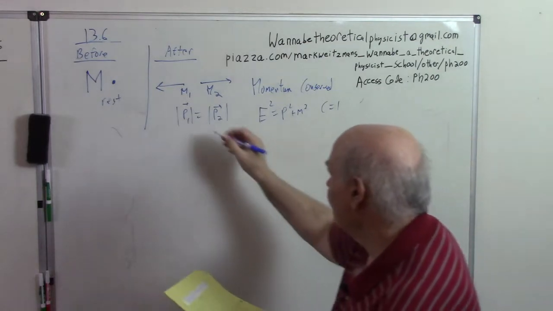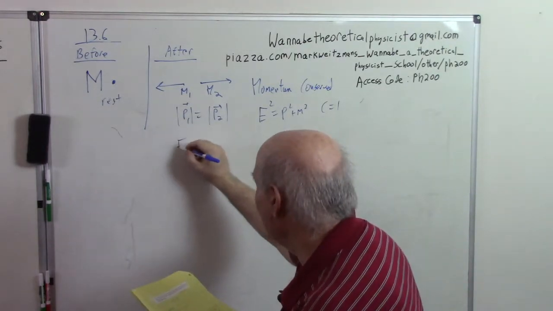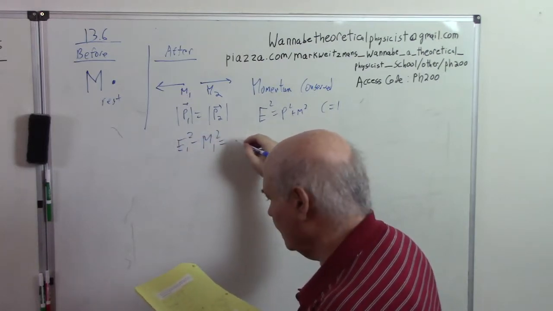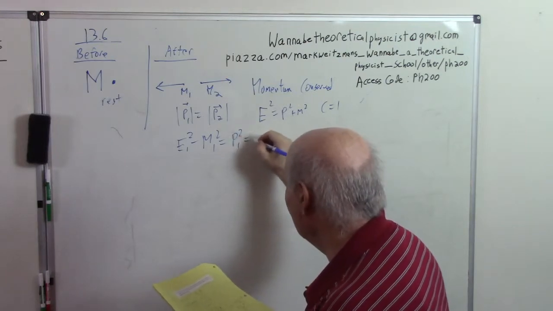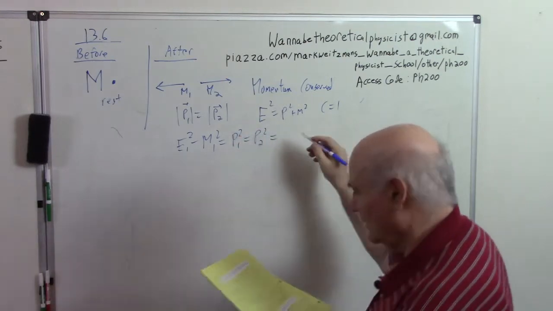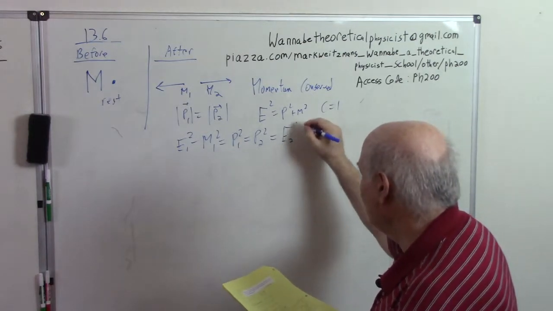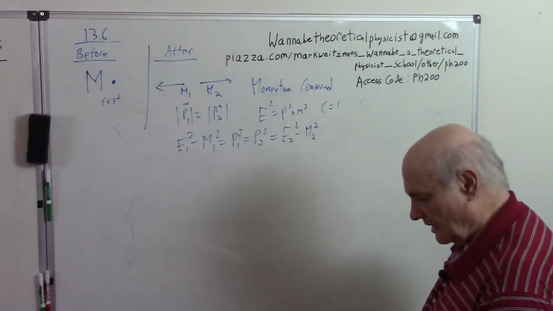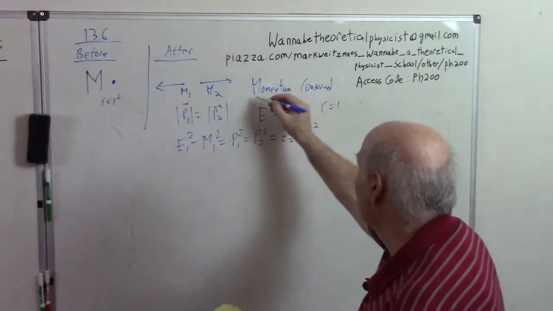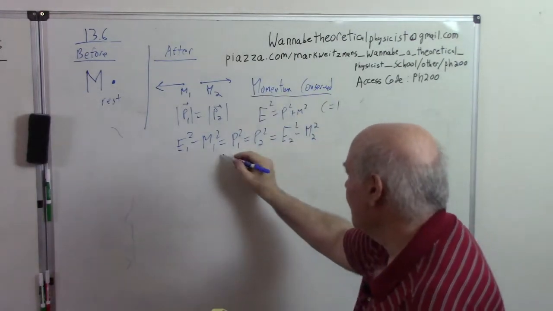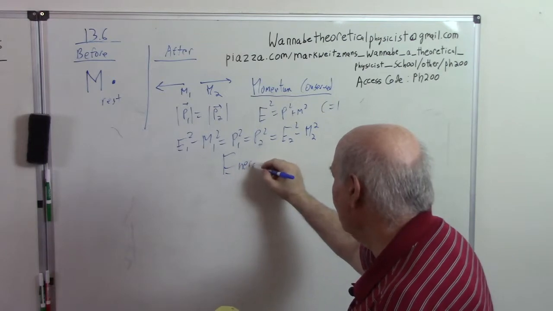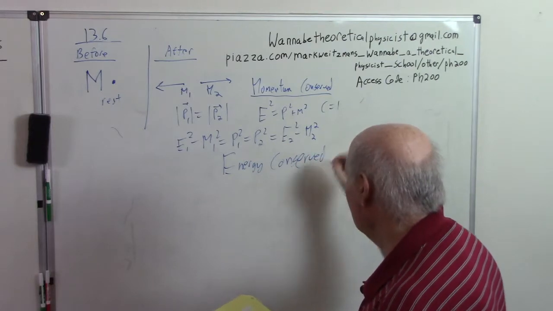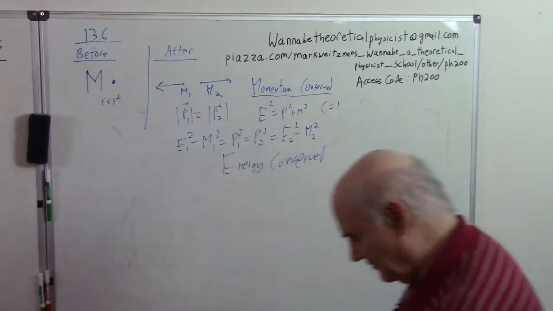And so we have E1 squared minus M1 squared equals P1 squared, which is equal to P2 squared, which is equal to E2 squared minus M2 squared. And we know that not only is momentum conserved, but energy is conserved. Let me switch the pens so you can see it better.